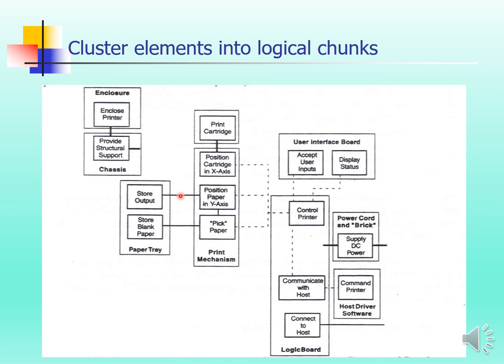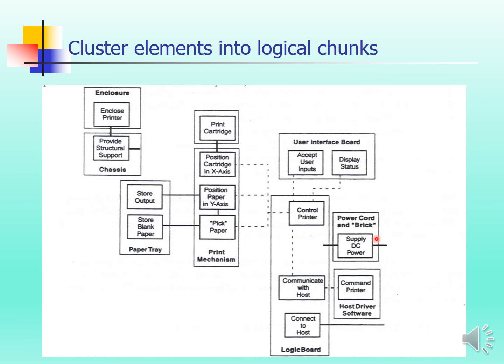The paper is under the printer mechanism. The signal accepts user input and displays status using the user interface board, and here we have a logic board. Lastly, we have a power cord as the supply and a horsepower driver.